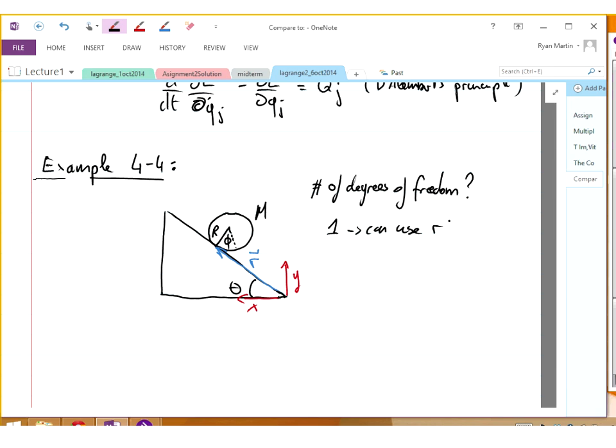Now by choosing to use only the 1 degree of freedom r, we've implicitly in our heads taken into account a constraint. And the constraint is rolling without slipping. The hoop, in principle, as it turns, you can paint a red dot somewhere on the rim.